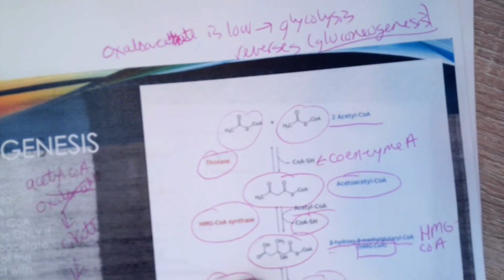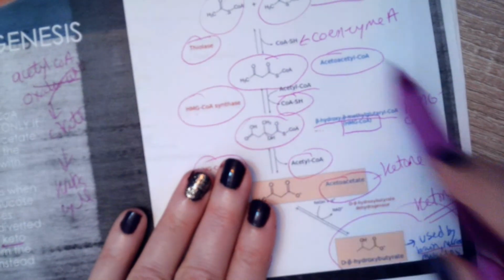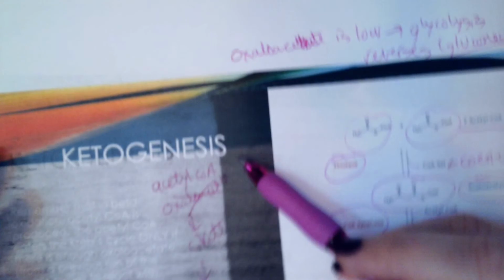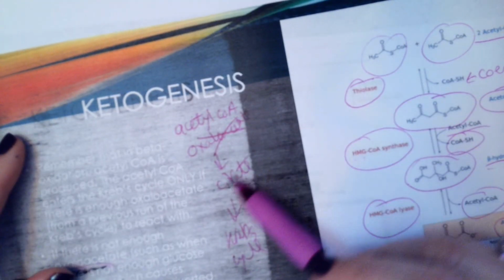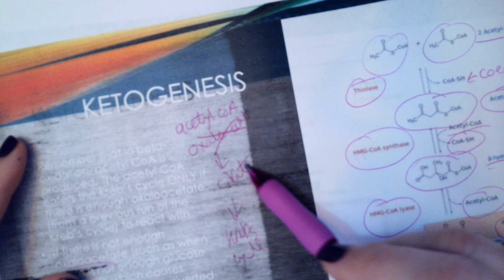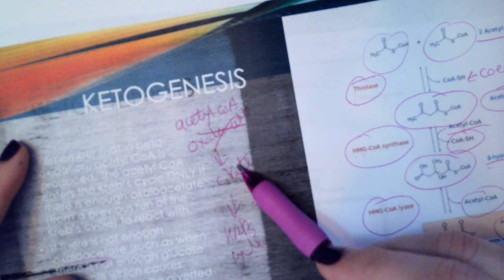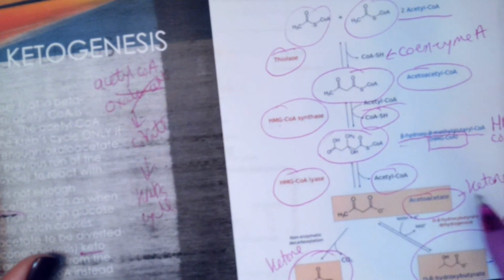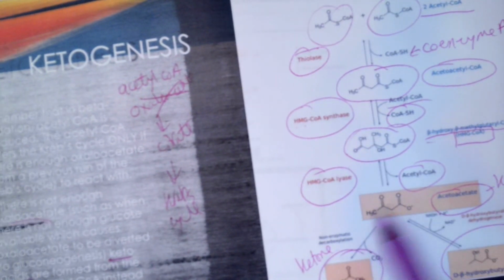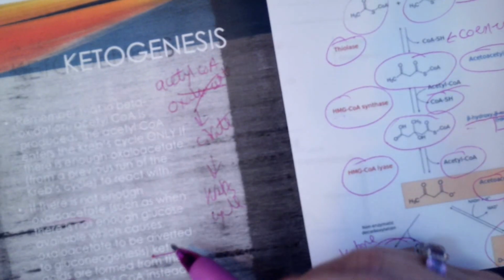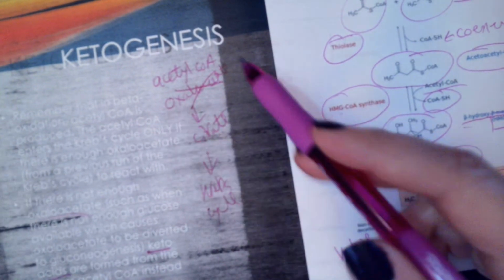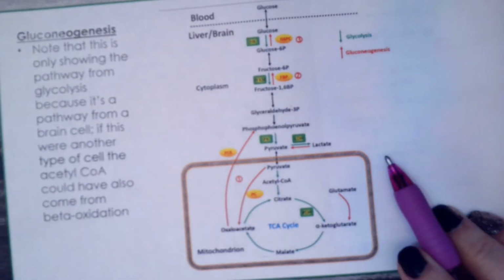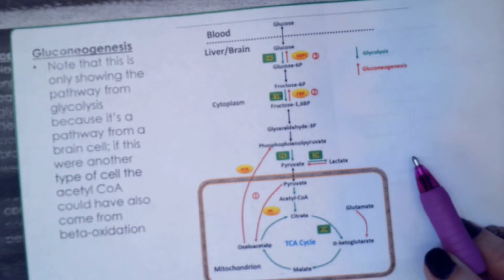So even though we're doing all this down here, with our acetyl-CoA not being able to react with oxaloacetate, not being able to form citrate, and not being able to go through the Krebs cycle, yeah, we're making keto bodies. That's good, we need to do that. But we're also going to be pushing everything backwards and going back through gluconeogenesis. So that's what this slide is showing, just the reverse of glycolysis.